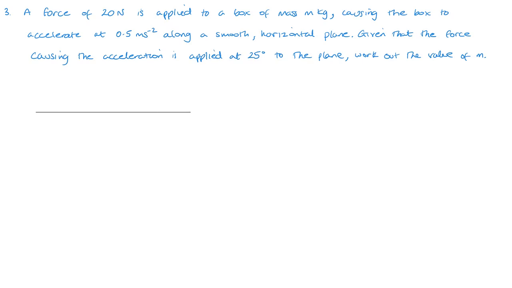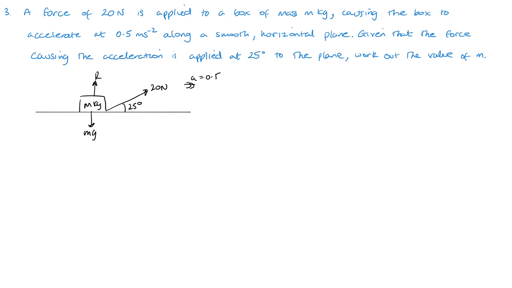So another nice straightforward one. I'll just draw this in. So that's m kilograms, mg, that's R. Force is at 25 degrees, and that force is 20 newtons, and A is 0.5.